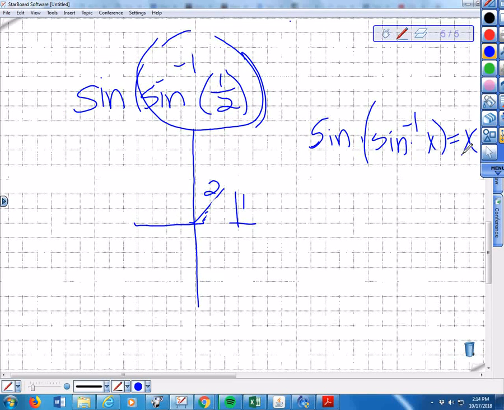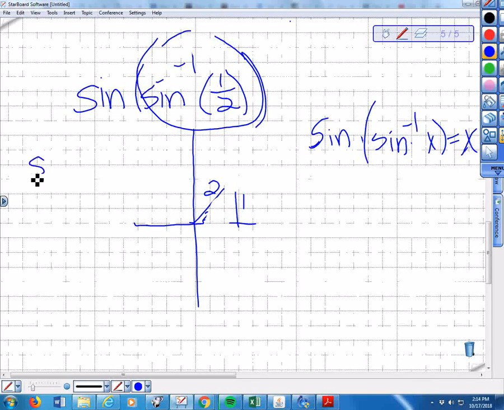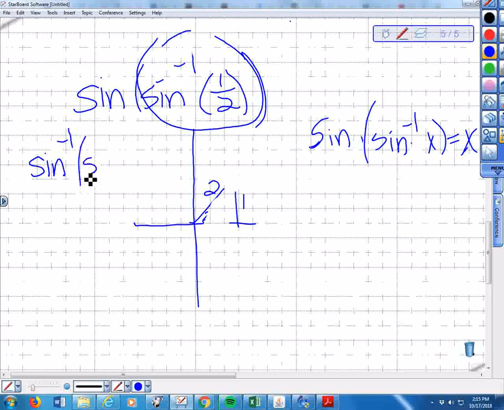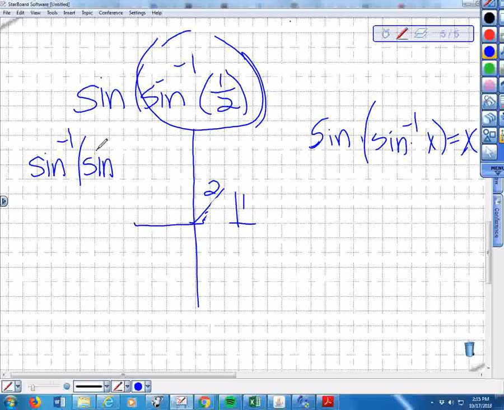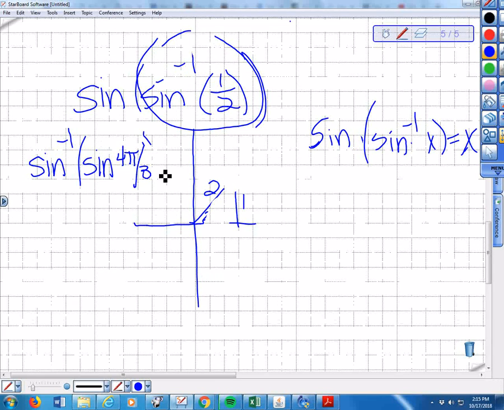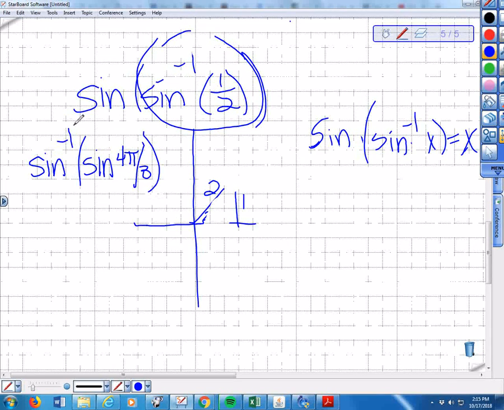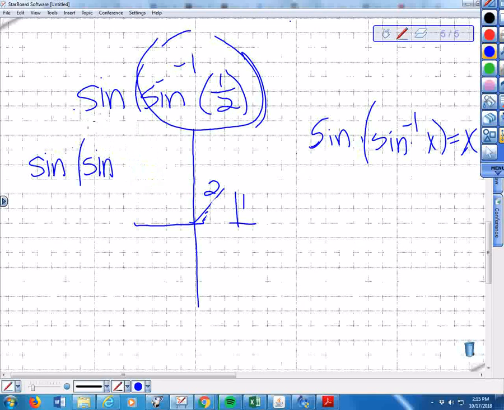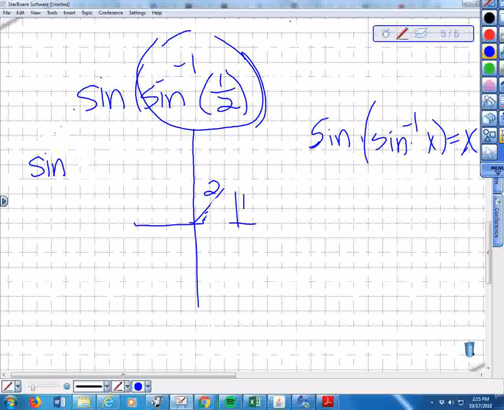Where it can be tricky, though, is what if I want to go this way, inverse sine of sine of 4 pi over 3?